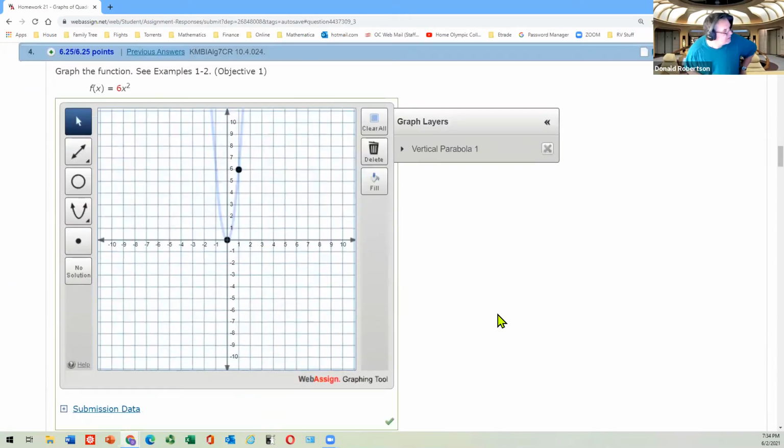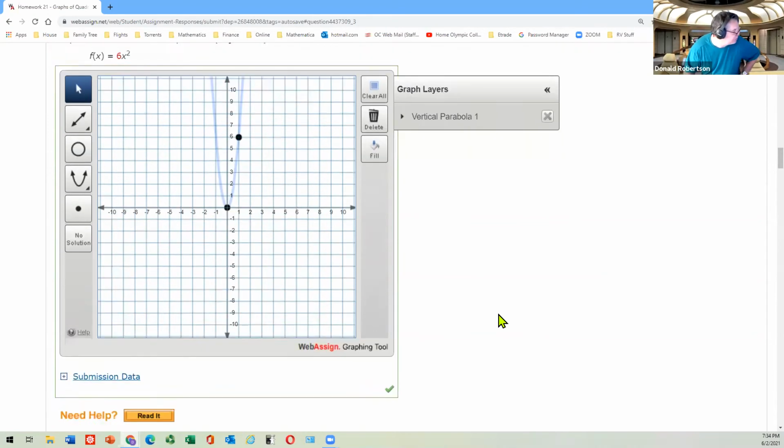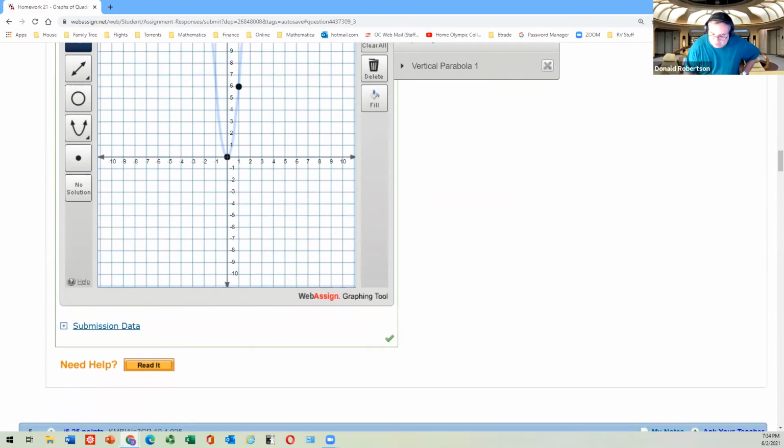You see how quick these homework questions are going to be? If it's just 4x squared or minus 4x squared, aren't you just going to do the origin as a vertex and another point, like make x 1, and you've got your other point, and you're pretty much done. So let's move on to the next one in the chain.